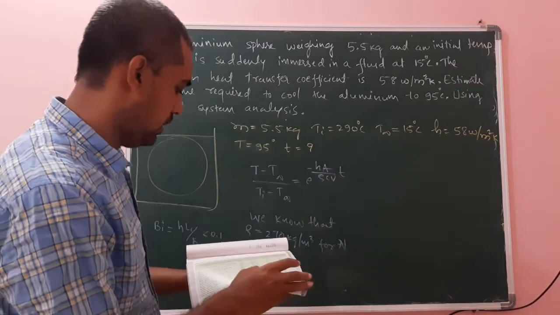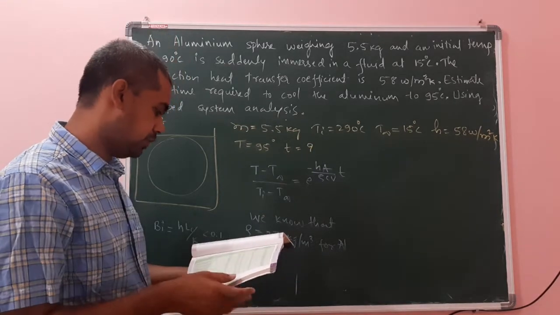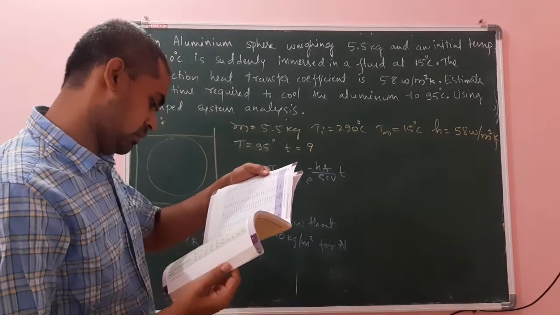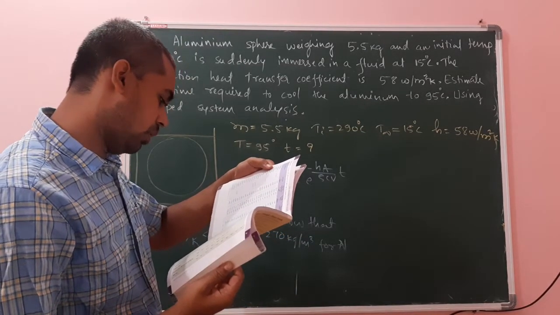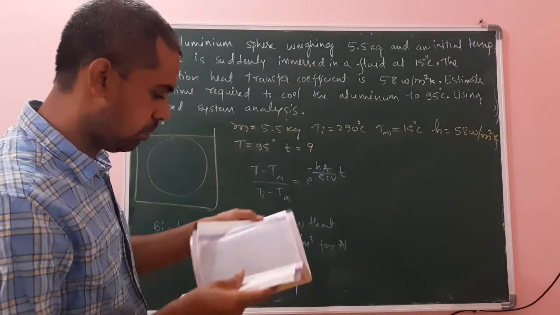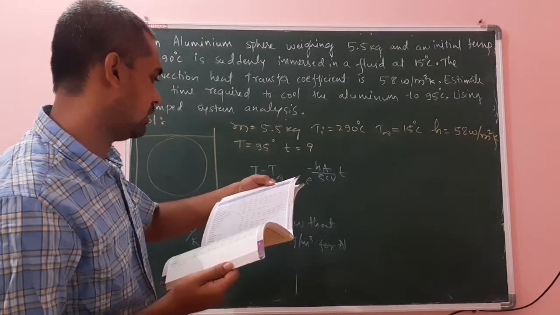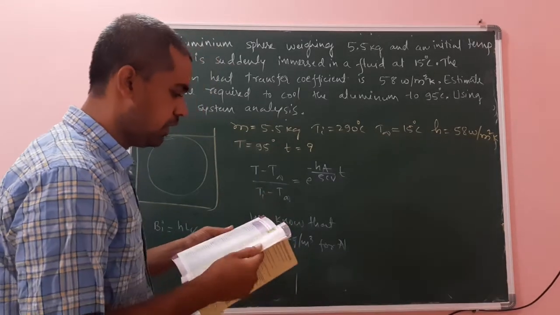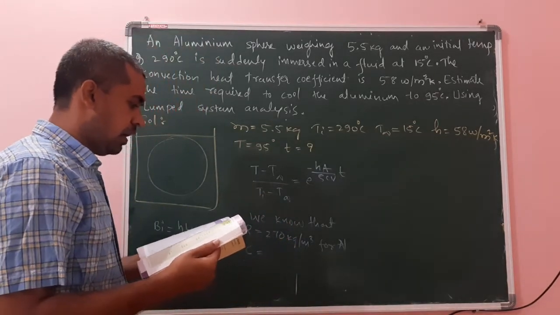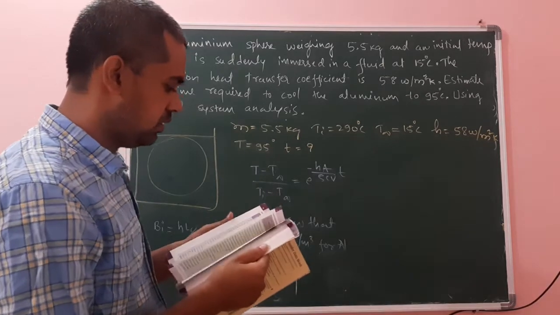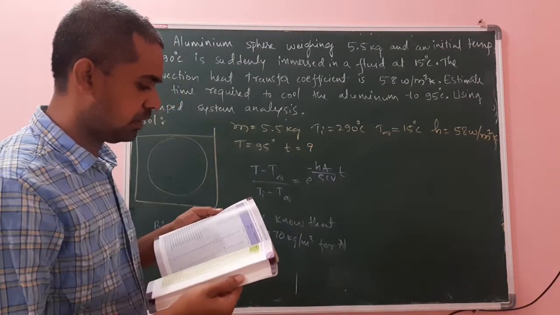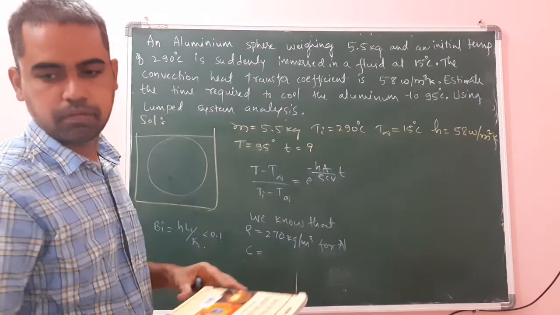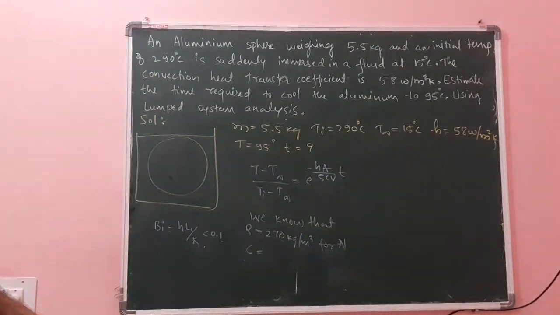Because even if we take the temperature variation, the properties of the metal will vary. Exactly, some properties like thermal conductivity are mentioned at that temperature. But even if you take them at 20 degrees Celsius, there will not be a bigger error. Therefore, you can refer to page number 1 for the properties of aluminum at 20 degrees Celsius.